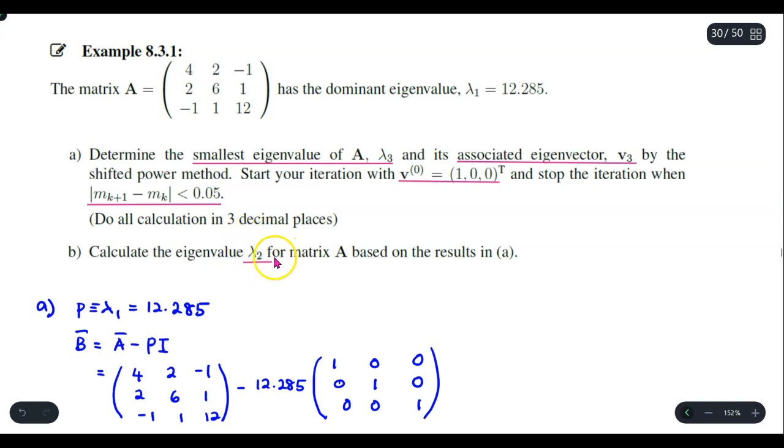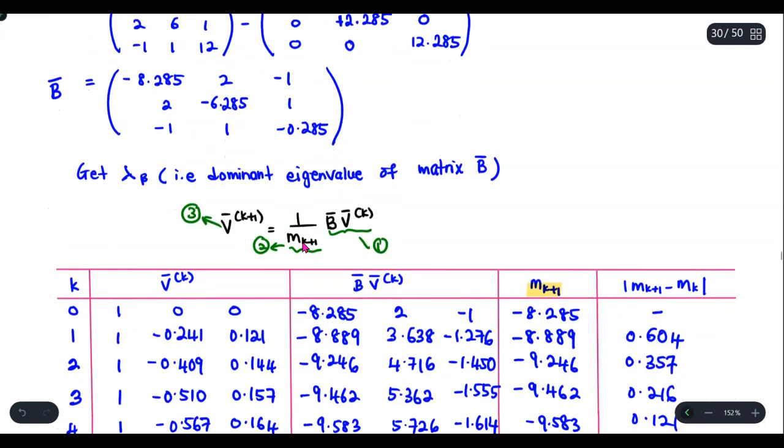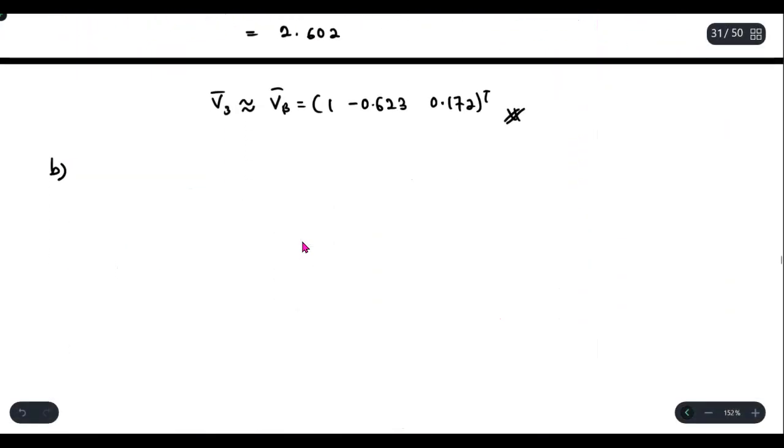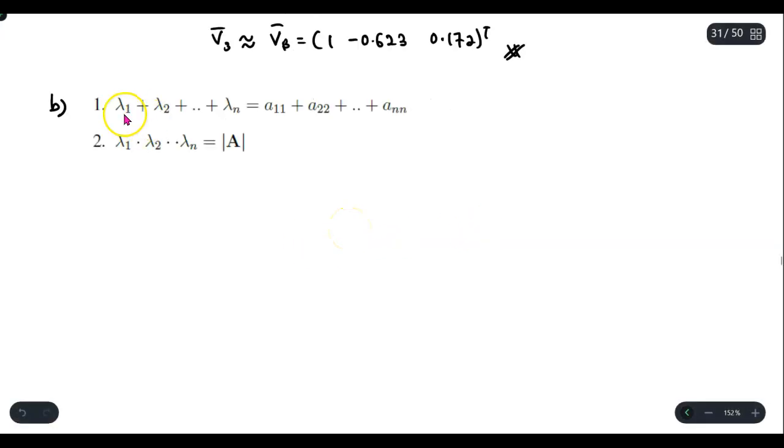To compute lambda 2 here, we actually have two formulas that you can choose. It's up to you, but if the question asks for a particular formula, then you need to follow. We have two formulas corresponding to the eigenvalues. The first one is lambda 1 plus lambda 2 up to lambda n is equal to a11 plus a22 up to a(n)n.